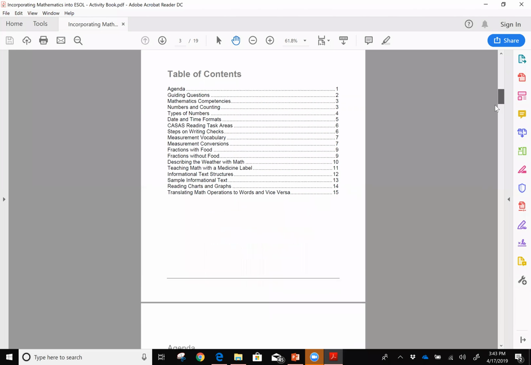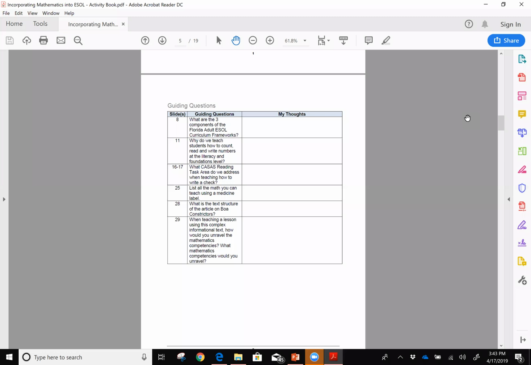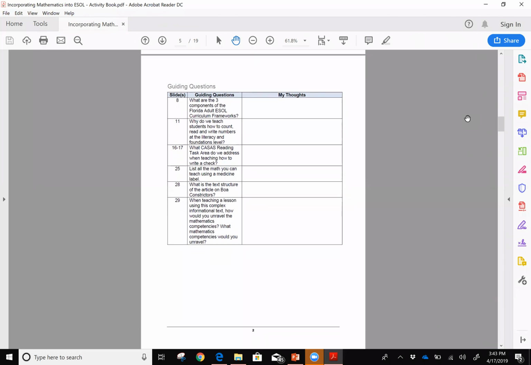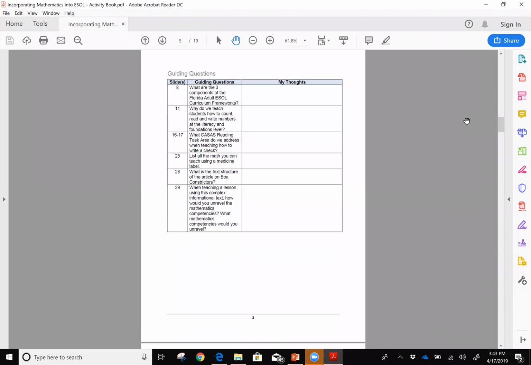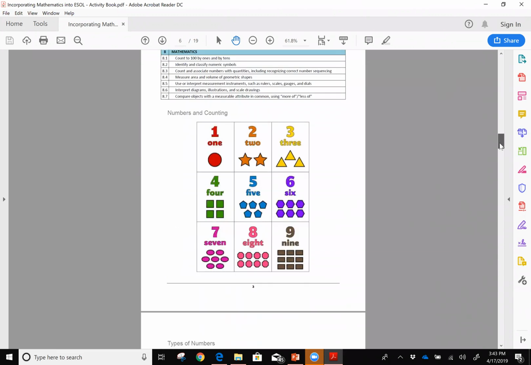The workbook has your table of contents. We did provide some guiding questions here for you, so maybe as we go along, take a look at these guiding questions. If you're viewing this at a later time or viewing the recorded version, it is best to read the guiding questions first before diving into the webinar, so that you can activate your prior knowledge before viewing it.